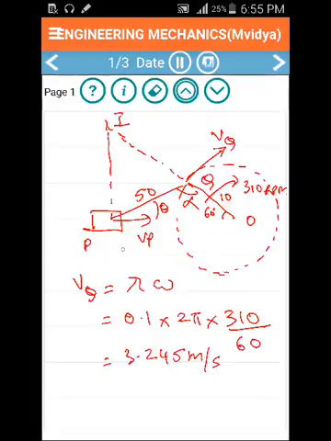We need to calculate the length OP. Once I know OP, since this is 60 degrees, I can calculate IP and IO. So to calculate OP, we will use the cosine rule.